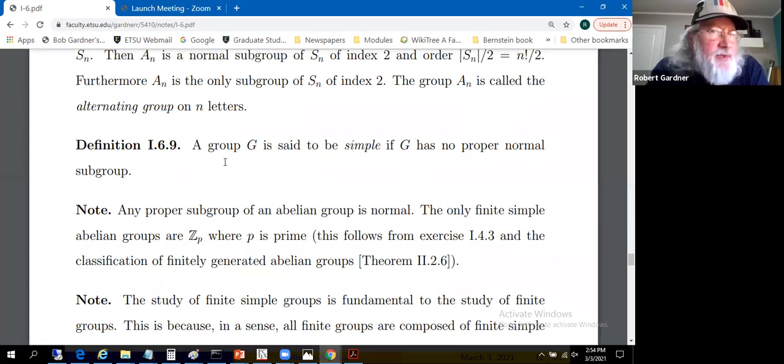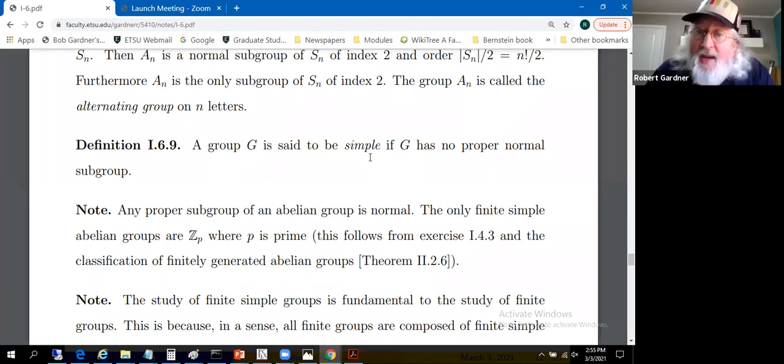Now you needed normal subgroups to make quotient groups. So we can make interesting quotient groups out of simple groups. They are, in some sense, and I'm choosing my words carefully, I want to say they're kind of indecomposable. We can't make quotient groups out of them. There's some sense in which we can't break them into smaller pieces.